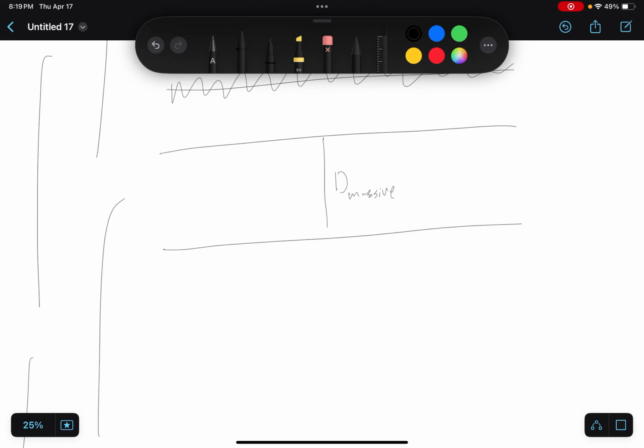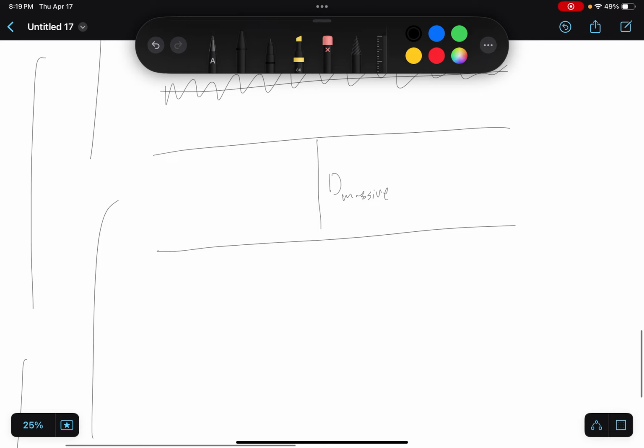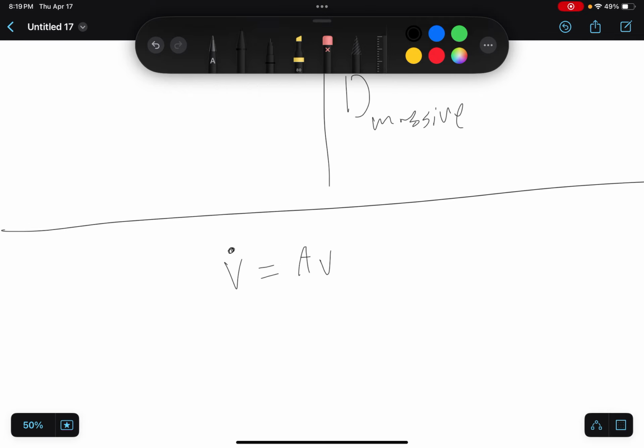Again, I'm assuming volume and mass are interchangeable. Technically they're not, but for the purpose of this, I'm assuming that. So it's still putting out the same volumetric flow, right? It's area times velocity, but now with a bigger diameter, area increases, and this stays the same, so velocity decreases.